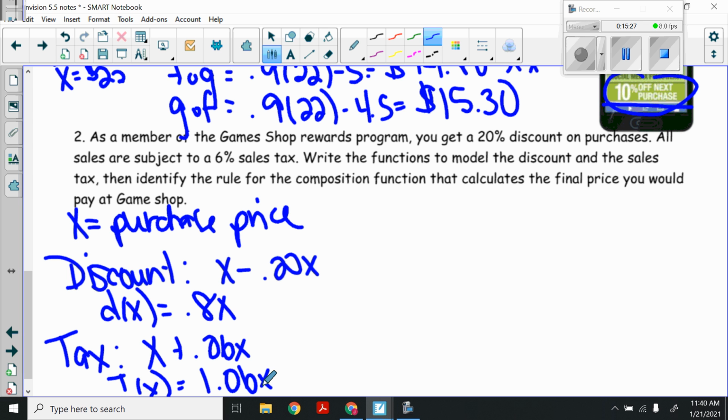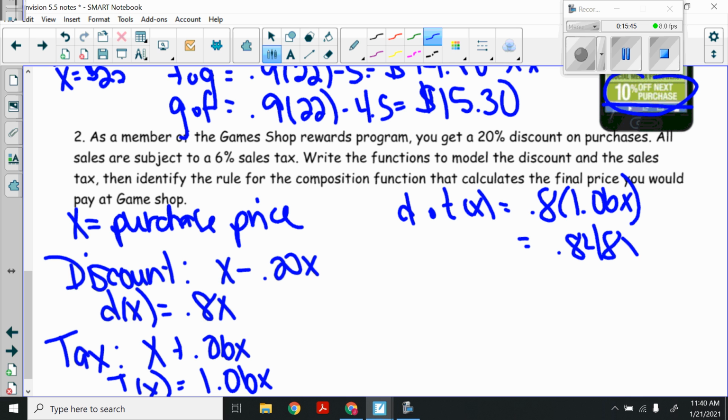So let's say I did discount of tax, D of T of x. I would have 0.8 times 1.06x, which is going to give me 0.848x. If I went the other direction, T of D of x, start with the discount and plug that in.